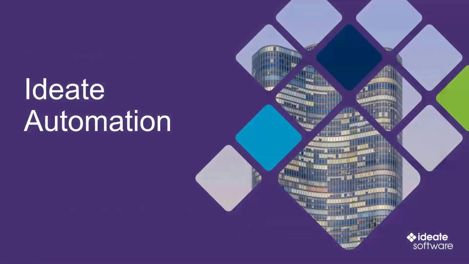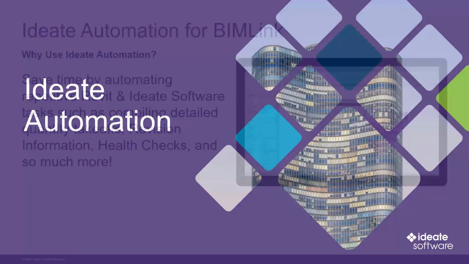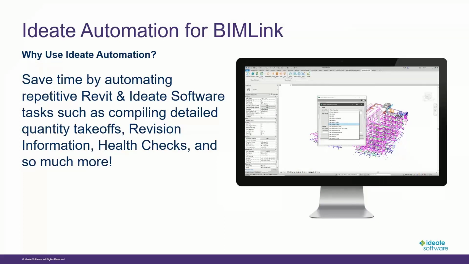In addition to Ideate Bim Link, last year we introduced Ideate Automation. What is automation? Basically, it allows you to script Bim Link and have it run, for instance, at 2 in the morning. You can have it run on multiple projects or multiple Revit models. So for instance, let's say you're extracting a health check link. You could have that run on 5 different Revit models at 2 in the morning, exporting the information to an Excel spreadsheet so that the next morning you have that information to review.